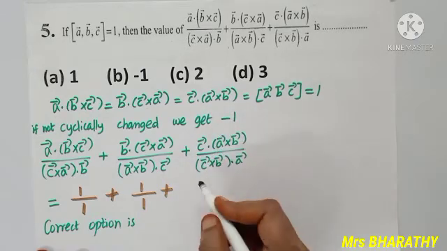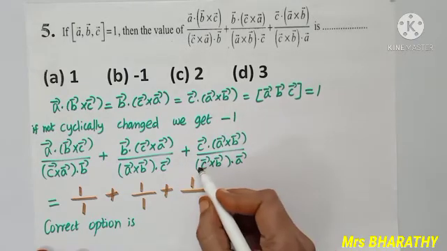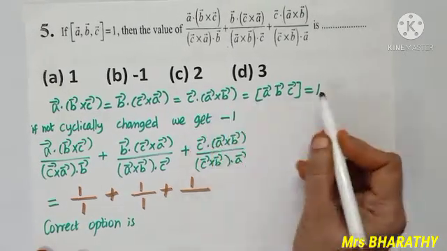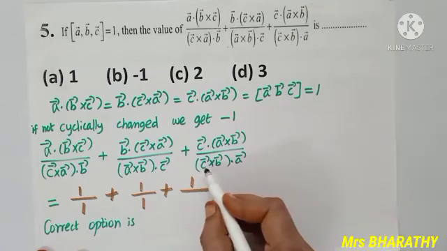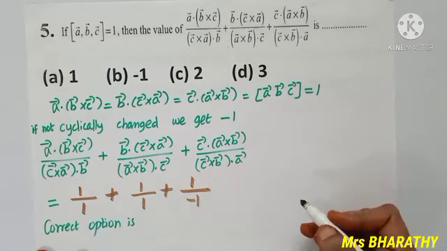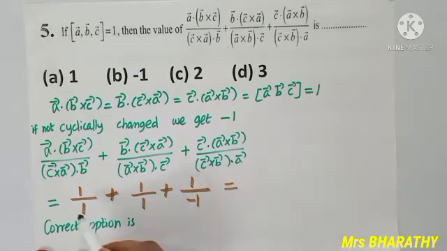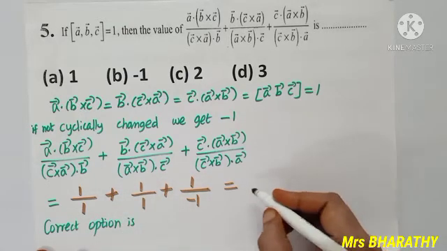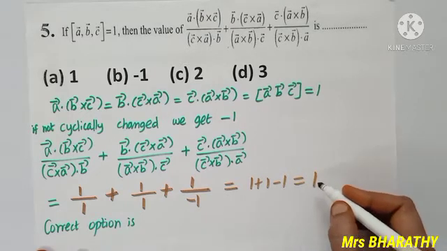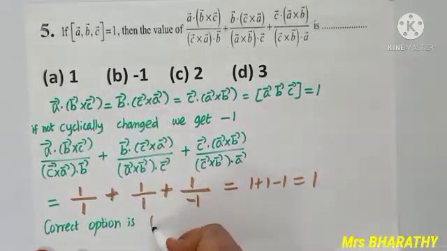CAB, order doesn't change, it is 1. CBA, order changes. CAB is +1, whereas CBA, the order changes, so it is -1. Ultimately, we get 1 + 1 - 1. And my answer is 1. So the correct option is A.